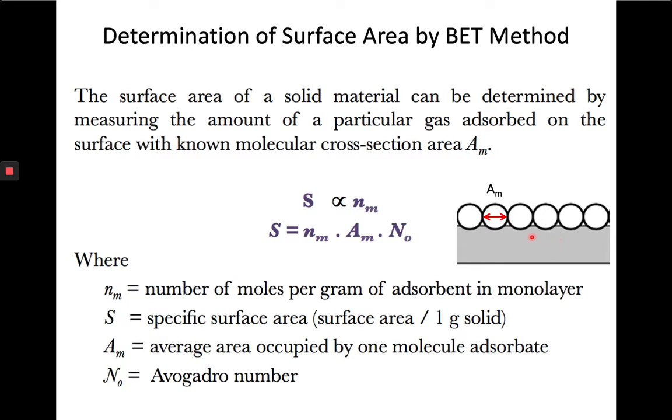So the solid surface area S equals Nm times Am times N naught, where S is the specific surface area, where the unit is surface area per 1 gram of solid, Nm is the number of moles per gram of adsorbent in monolayer, Am is the average area occupied by 1 molecule of adsorbate, and N naught is the Avogadro number.